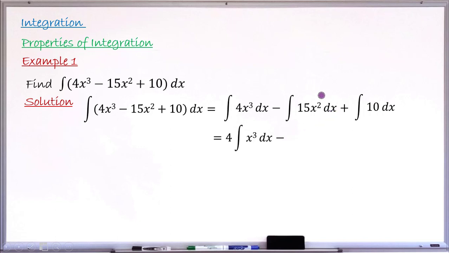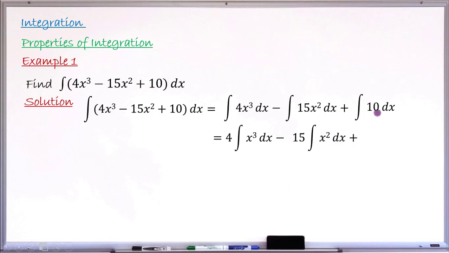Then I move to the next term. The next term also has a coefficient multiplying x squared. So I can take it outside the integral. I'm going to have 15 multiplied by the integral of x squared dx. Look at it, I just take this 15 and factor it out. That is 15 times the integral of x squared.